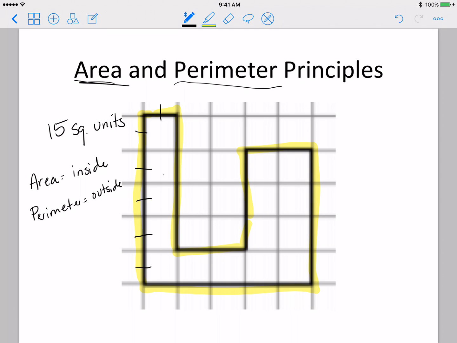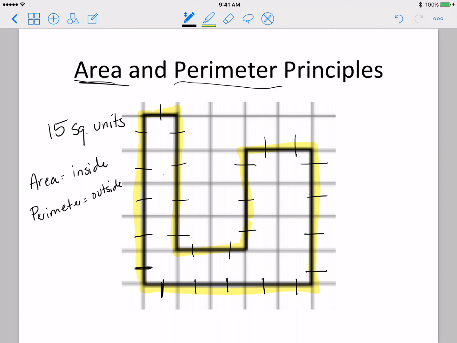Now the corners are tricky. You have to count both sides. You have to count this is 6, this is 7, because this is distance around the outside. 8, 9, 10, 11, 12, 13, 14, 15, 16, 17, 18, 19, 20. And here's another corner that they're tricky. 21, 22, 23, 24, 25, 26.